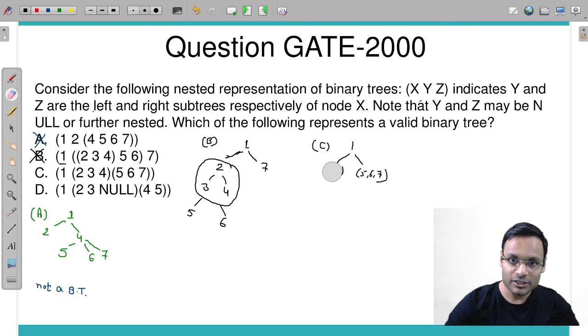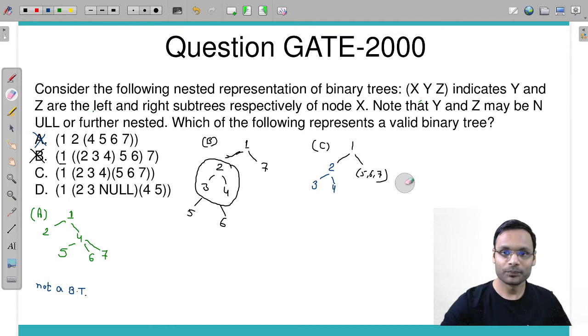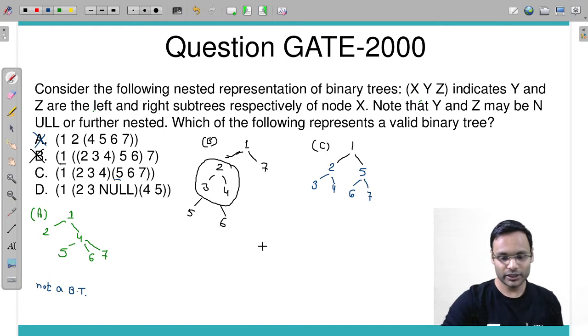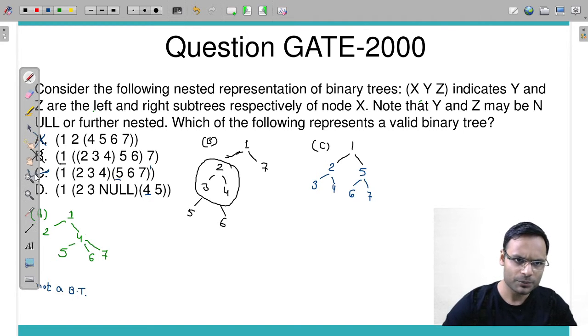If 2 is the first quantity, 2 should be root. Second quantity 3 is left, 4 is right. Similarly for 5, 6, 7, the first quantity should be root, second is left child, third is right child. The tree will be made like this. Good. So this particular option looks correct.